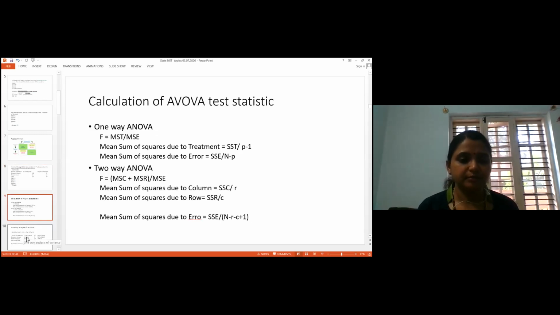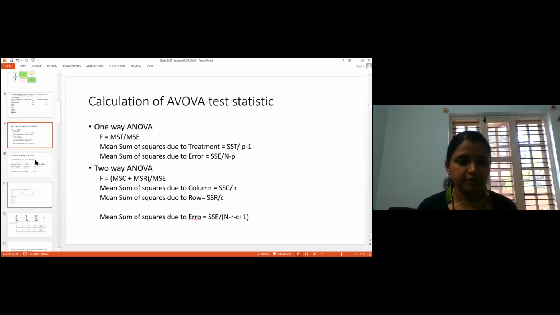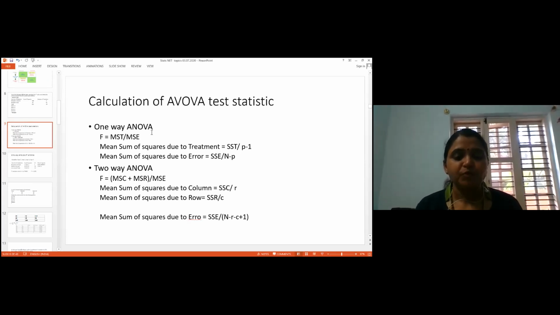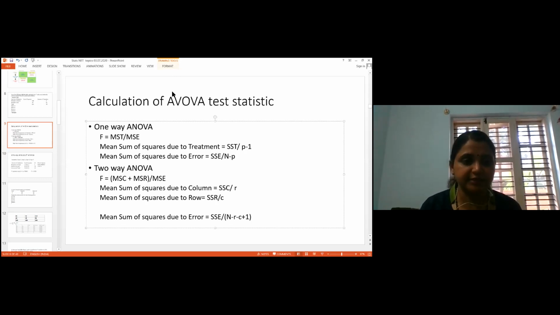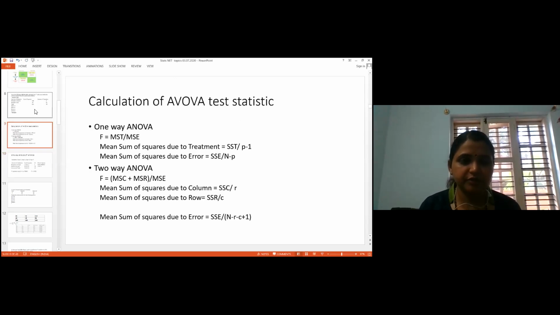Here we are having a two-way ANOVA. In this two-way ANOVA, the mean sum of squares due to error, due to column, and due to row, all of it is to be considered, right? This is the question that we were discussing.